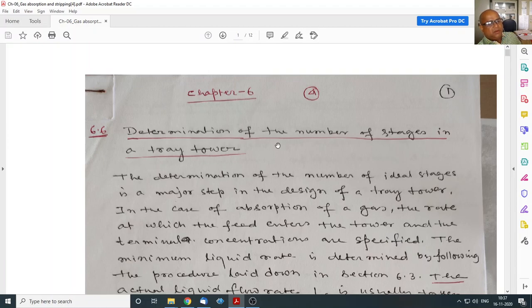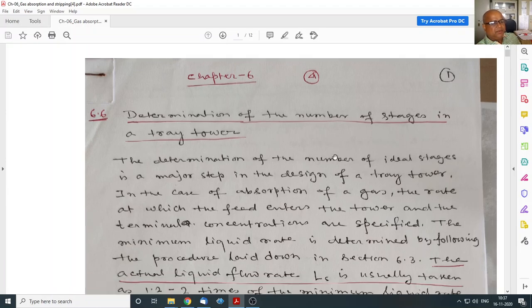So let's see how to calculate the number of ideal stages for a plate column, tray column, or tray tower. From the problem statement, you can determine the minimum liquid flow rate for absorption, and the minimum gas flow rate for stripping.